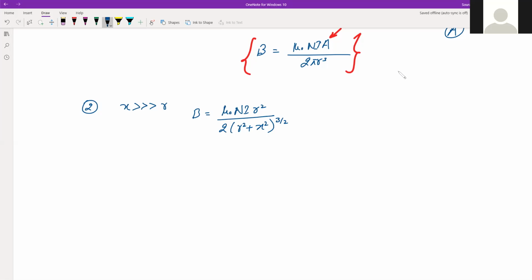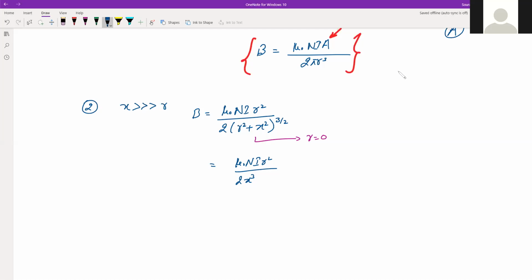So here, only in the denominator we will put r equals to 0, not in the numerator, because there it is significant, it is getting multiplied, but in the denominator it is getting added, so it is insignificant. So if we remove r from here, it becomes mu naught n I r square divided by 2 x cube, right?